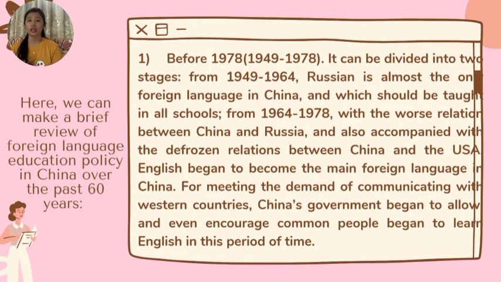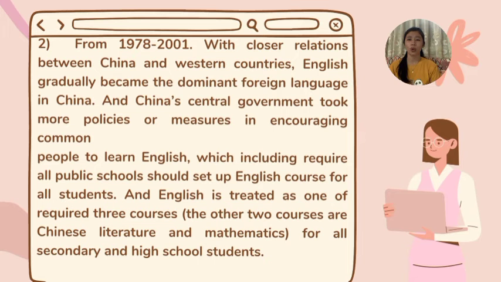To meet the demand of communicating with Western countries, China's government began to allow and even encourage common people to learn English in this period. Second, from 1978 to 2001, with closer relations between China and Western countries, English gradually became the dominant foreign language in China, and the central government took more policies and measures to encourage common people to learn English, including requiring all public schools to set up English courses for all students.